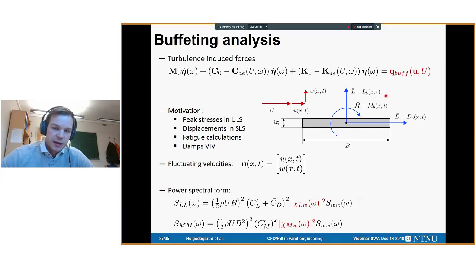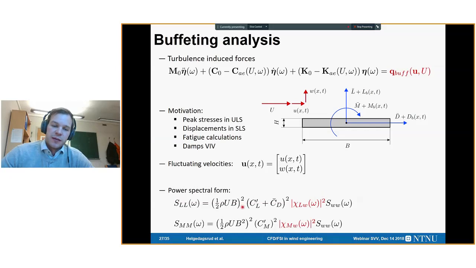And you also have the dynamic parts of the loads, which is the buffeting loads. We are given the statistics of this one, so we typically study it in the frequency domain.